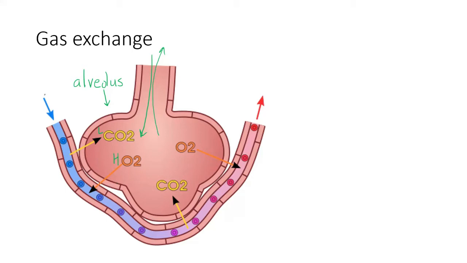Now, in terms of the blood, because that's where the exchange is taking place, there is a low concentration of oxygen. So let's look at that one first. So low concentration of oxygen means that oxygen is diffusing as though these membranes didn't even exist from high to low concentration into these blood cells that are waiting to pick them up. Simple enough.